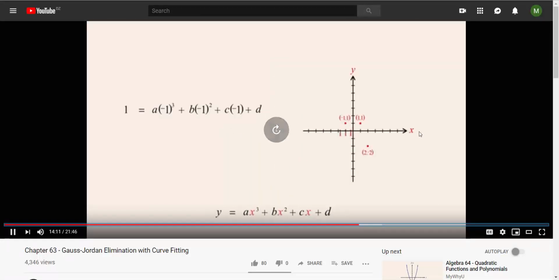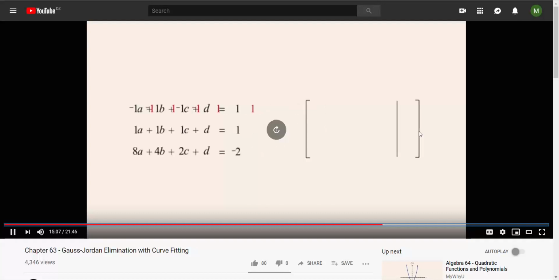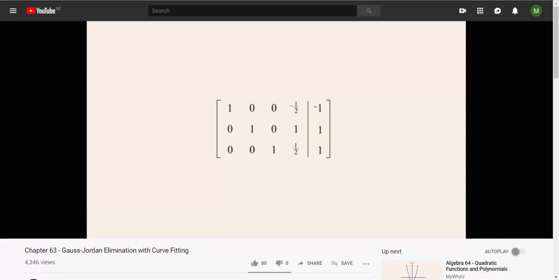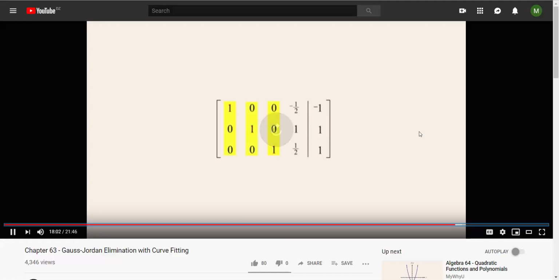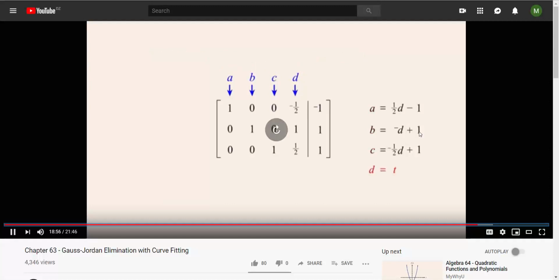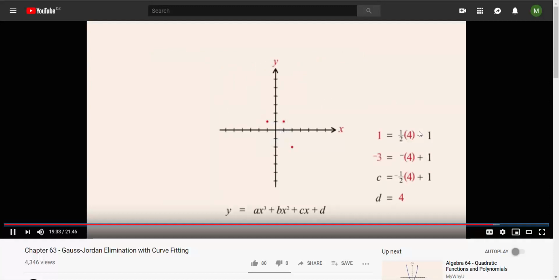Since only 3 of the 4 columns to the left of the vertical line contain a leading entry, there is a free variable, d, and infinitely many solutions. Choosing d gives one possible set of coefficients, such as -3, -1, and 4 for a, b, c, and d.